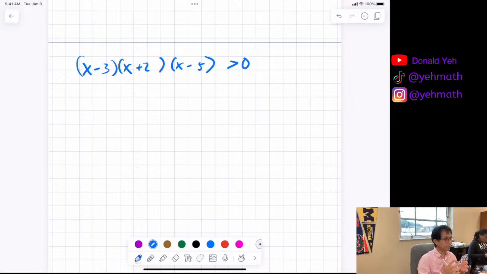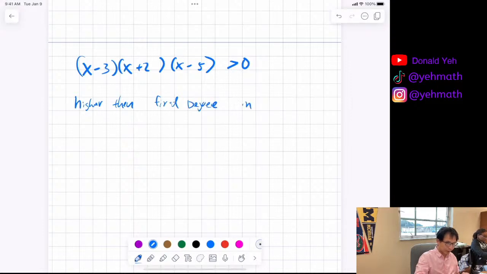So there are two ways to resolve this. I'm going to talk about both ways, and this is how you check your answers, by the way. For any inequality higher than first degree, you have to do something called a number line test.